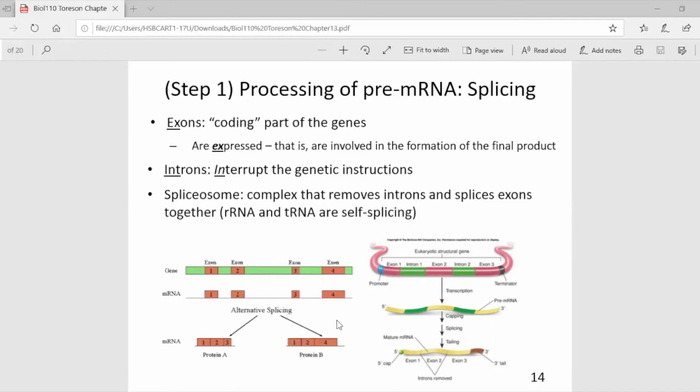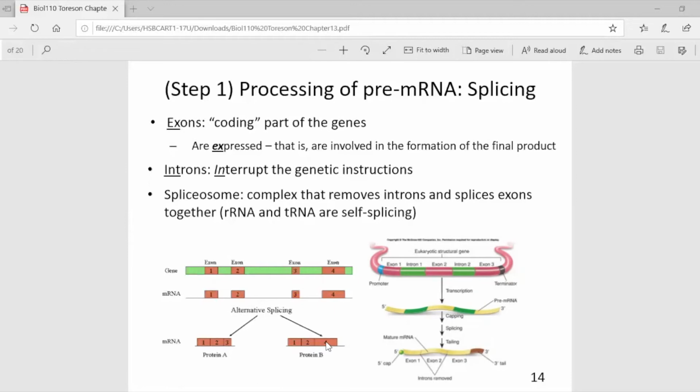Now, these exons can be spliced together in a number of different ways. For example, we see exons 1, 2, and 3 were spliced together, and that might encode a particular protein, for example, protein A. But another possibility is for the exons to be spliced together such that it is exon 1, 2, and 4.